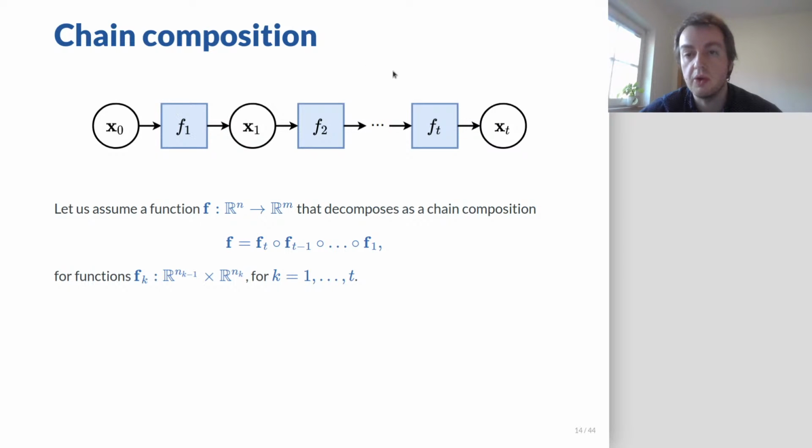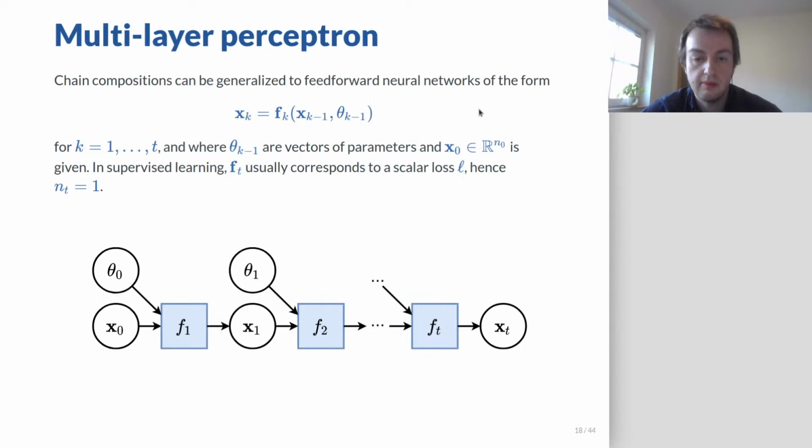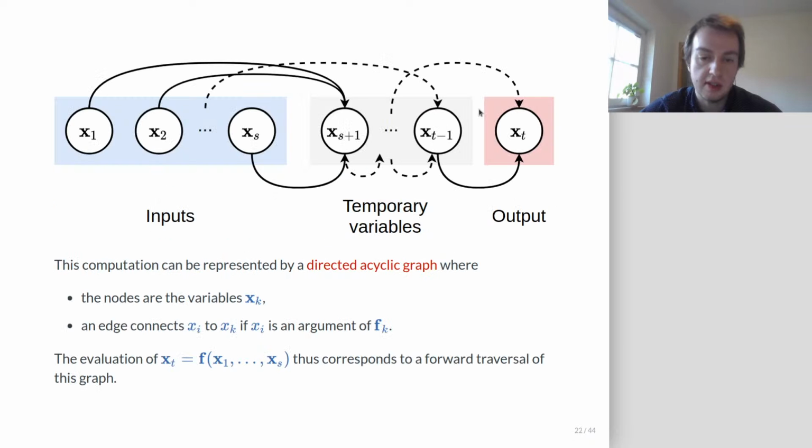So you would have just more arrows between nodes. Of course, it should be acyclic, so the computation of some variable xt could only depend on variables that have been computed before and not on variables that will be computed afterwards.